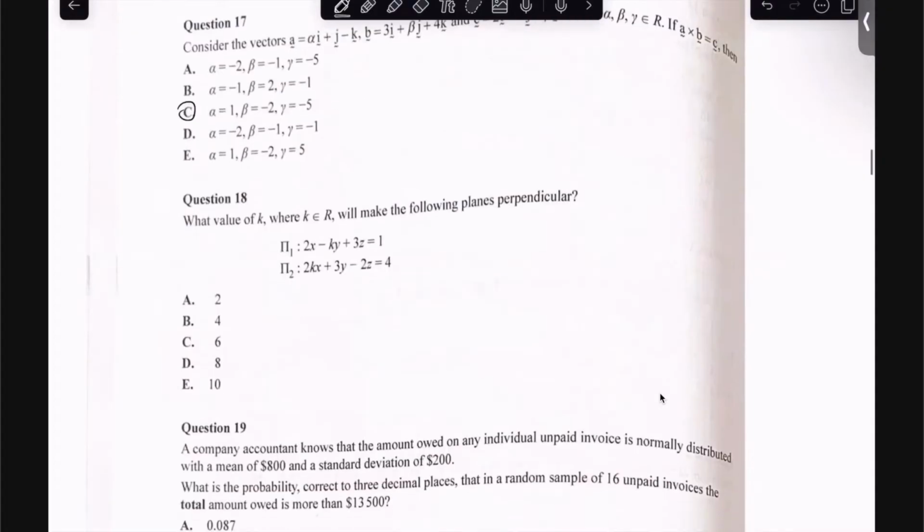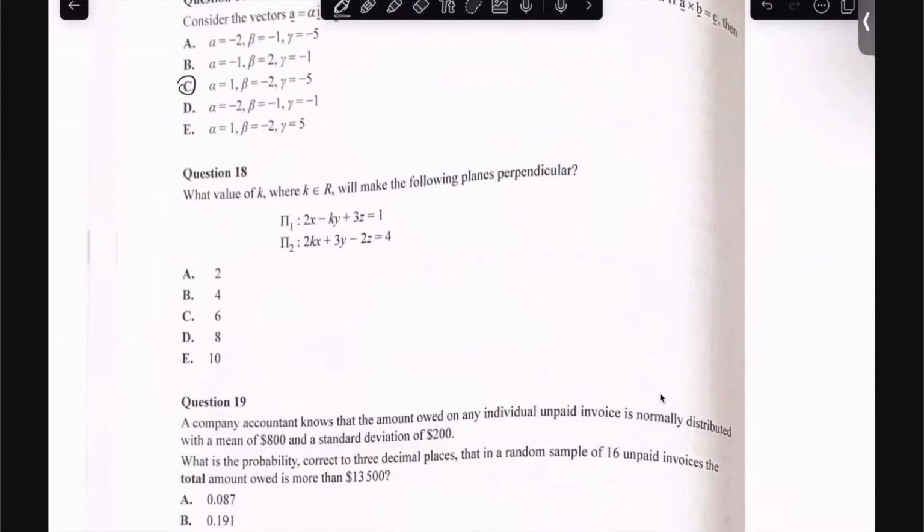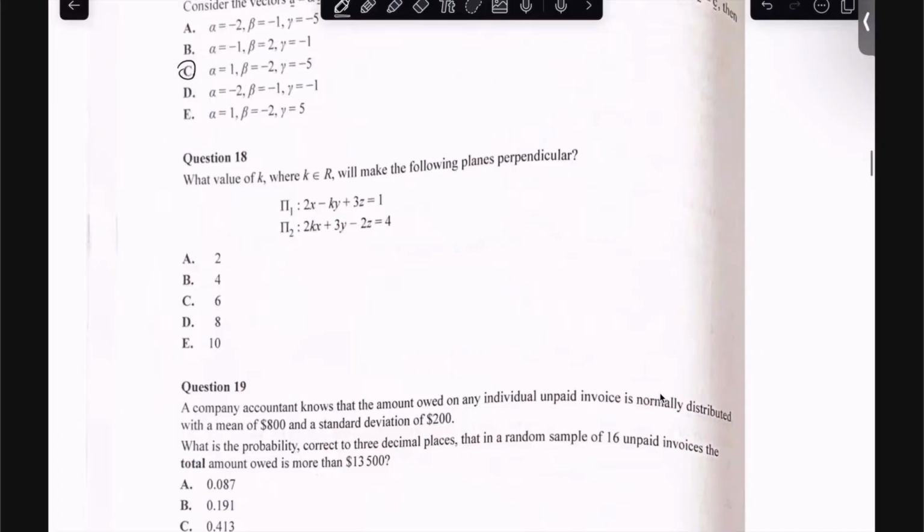The value of K, where that is, and that will make the following planes perpendicular. So that's not too bad, because if they're perpendicular, then even the normals to the planes are perpendicular.